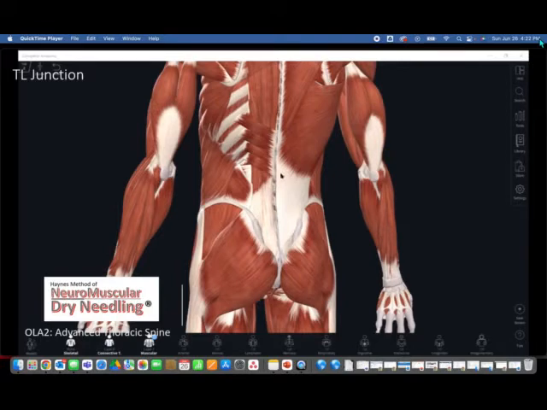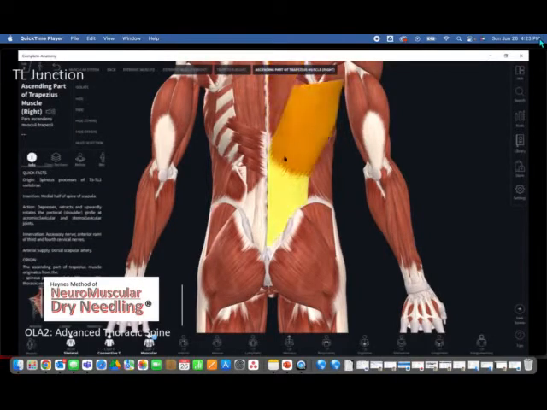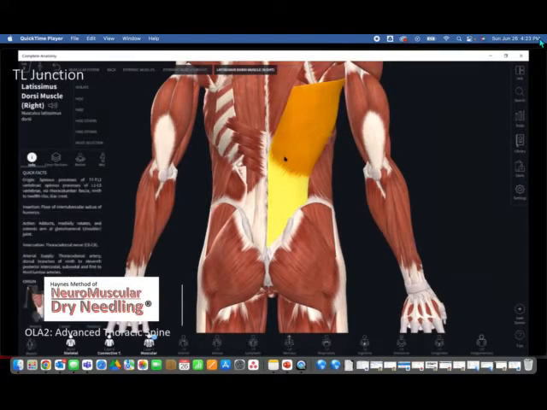We move to our secondary locations, and here we'll look at latissimus and the lower trapezius, coming more to that TL junction, big broad muscles that contribute to it.